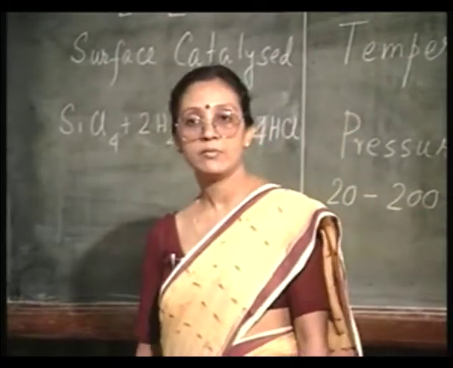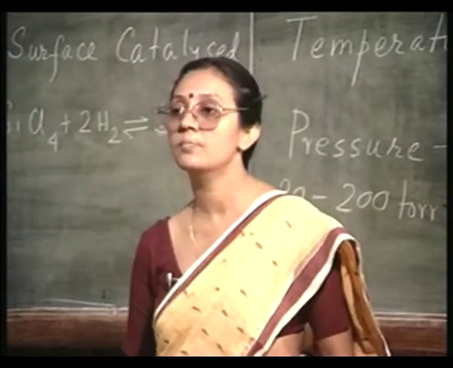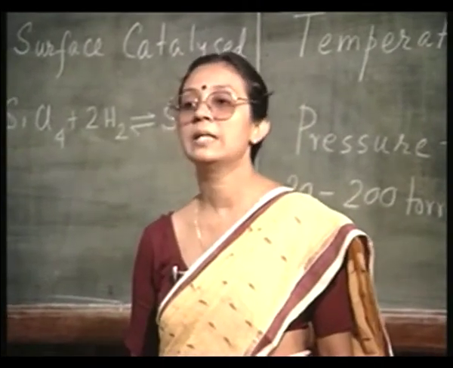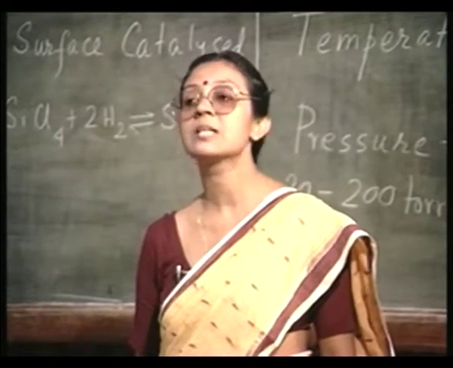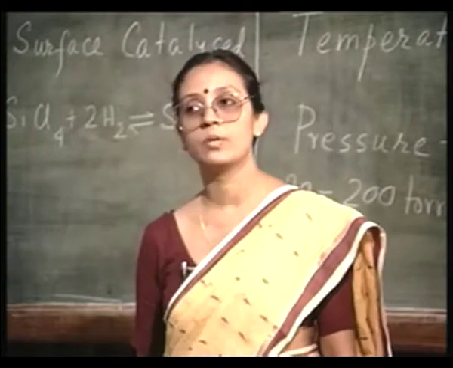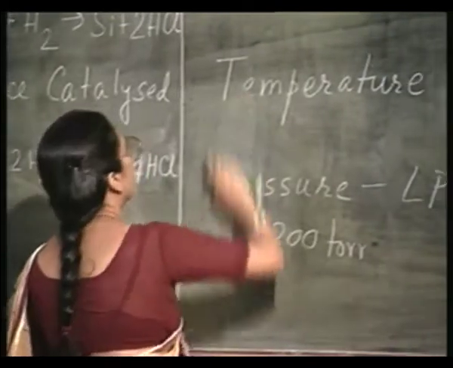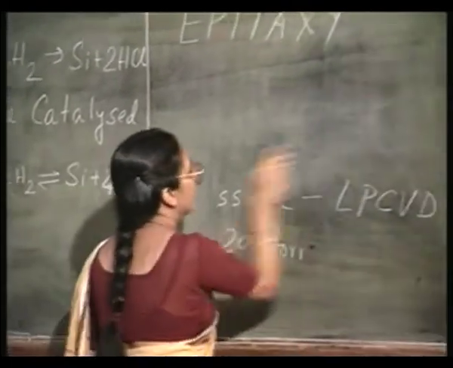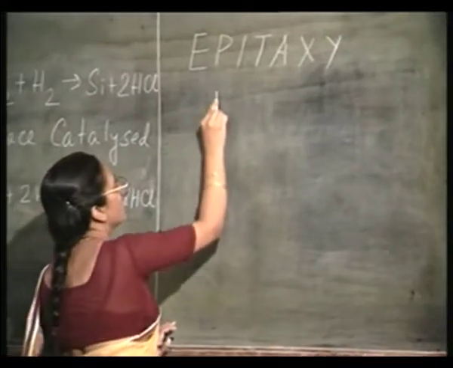point. If the concentration of silicon tetrachloride is increased beyond a certain point, then instead of growth, what we are going to have is etching. The reaction will take place in the reverse direction and we will have etching, and that is why the growth curve can be plotted like this.